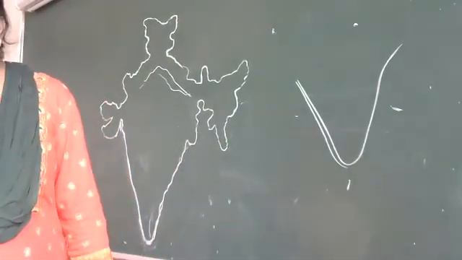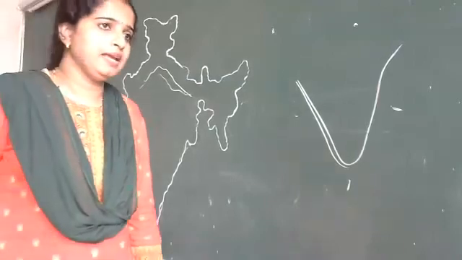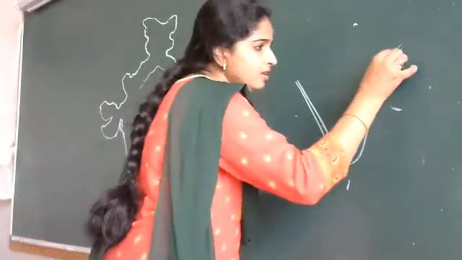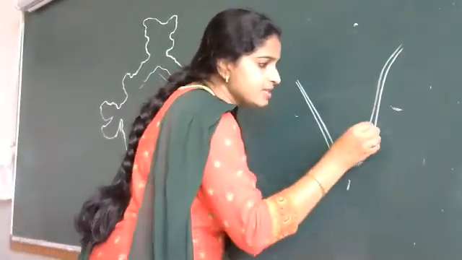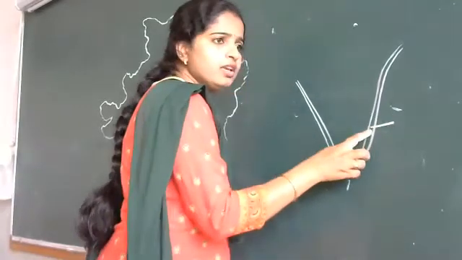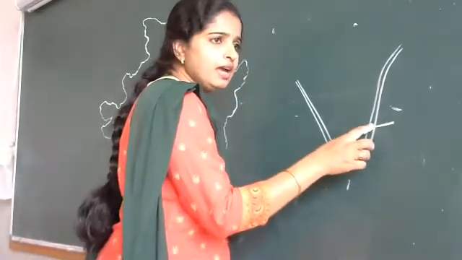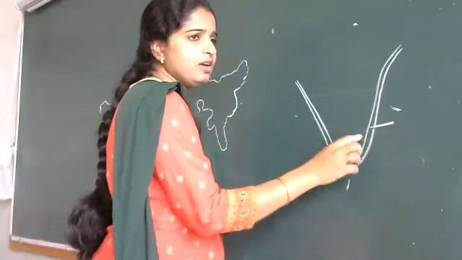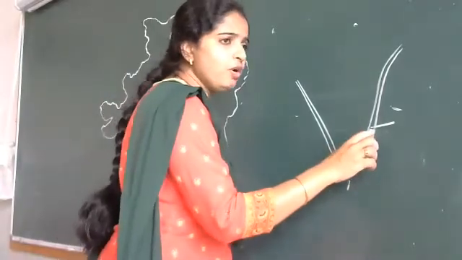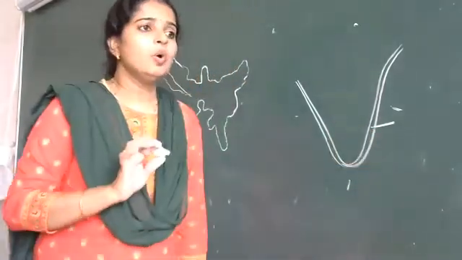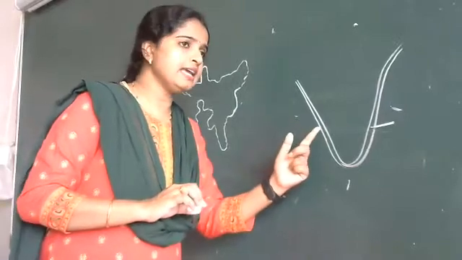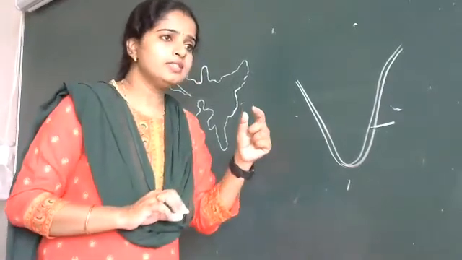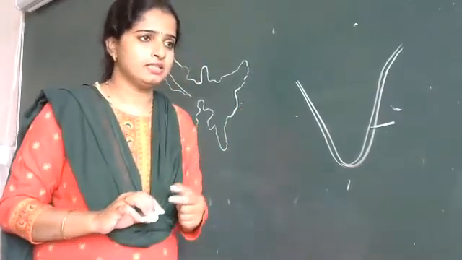This side, a narrow land after this peninsula, is called the eastern coastal plains, and this side it is called the western coastal plains.